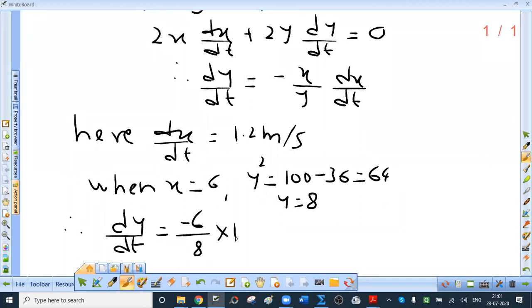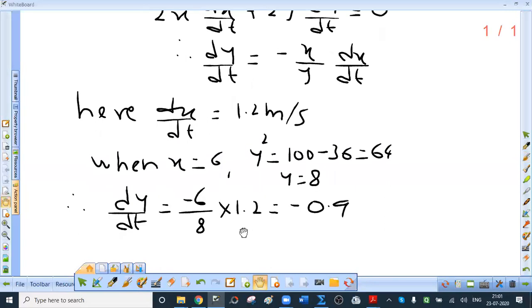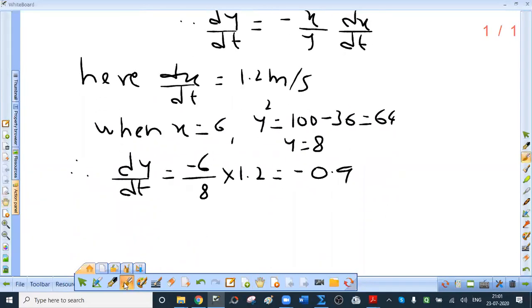Into 1.2. So tell me, what is the answer? It is minus 0.9. Now why negative answer? Because it is sliding down. That is why answer is negative.